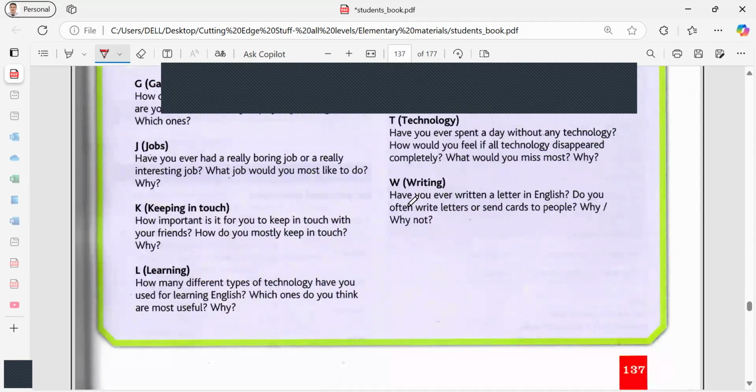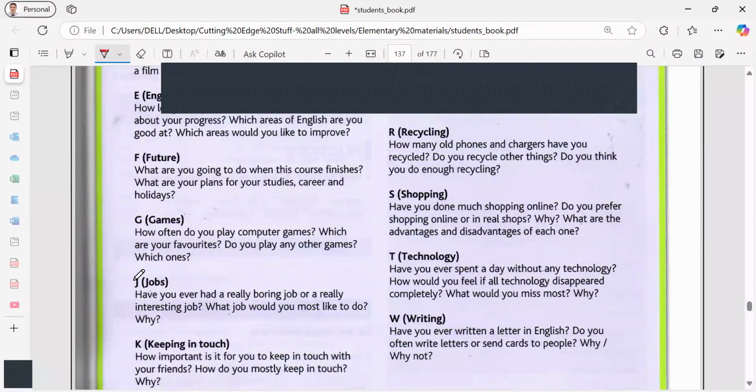So J, Jude, J, jobs, right? So, yeah, let me read the questions for you, and you should answer directly for a minute.